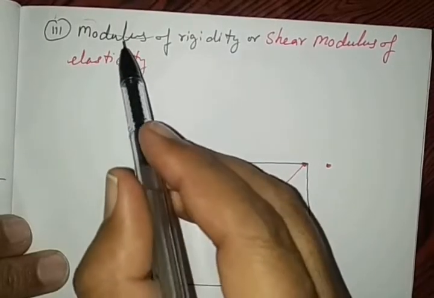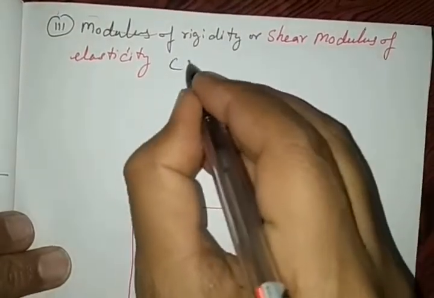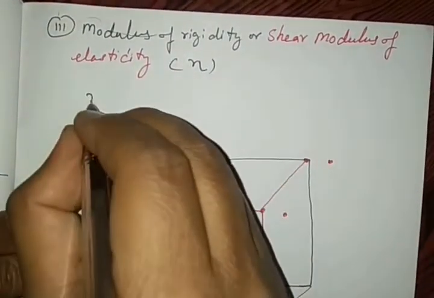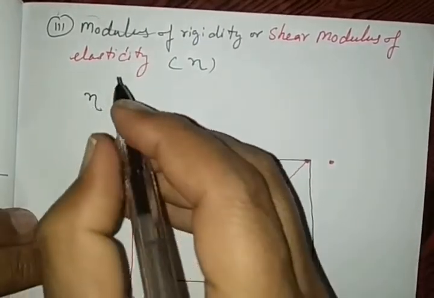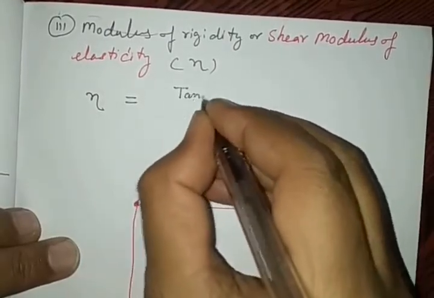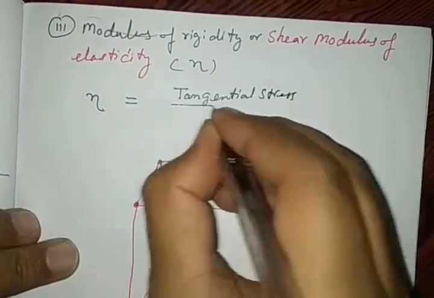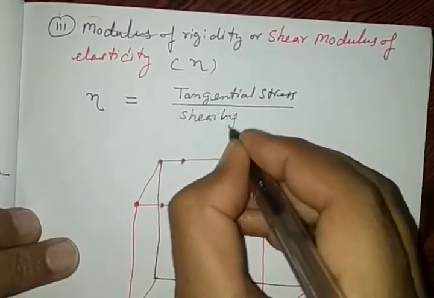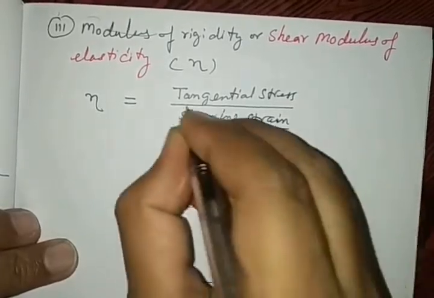Lastly, we are going to see modulus of rigidity or shear modulus of elasticity. It is denoted by eta, the Greek letter, and modulus of rigidity eta is defined as the ratio of tangential stress to shearing strain.